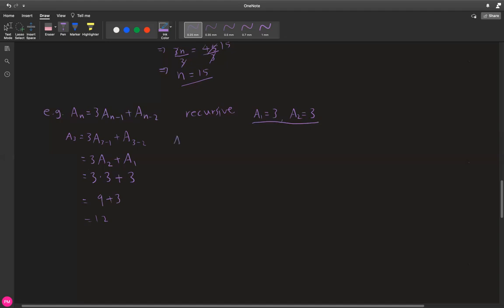What about a sub 4? We now know that this recursive formula consists of 2 previous terms. So a sub 4 is determined by 3 multiplied by a sub 3, which is the previous term, plus a sub 2. Do you all see why this is the case?